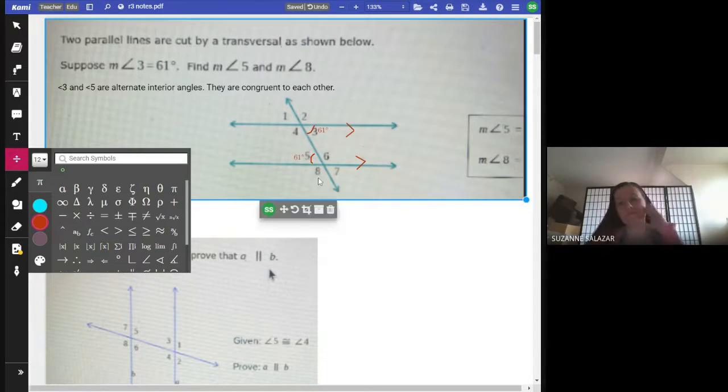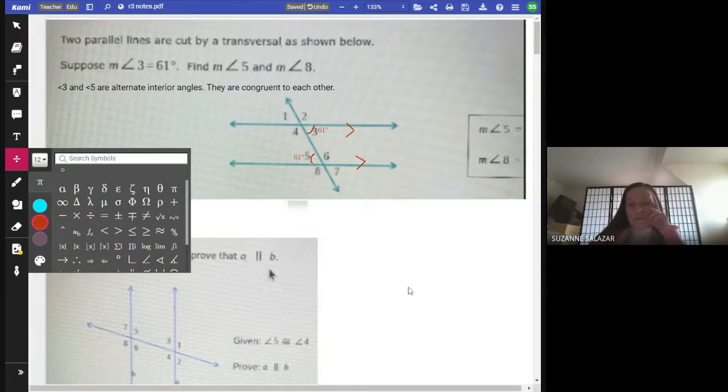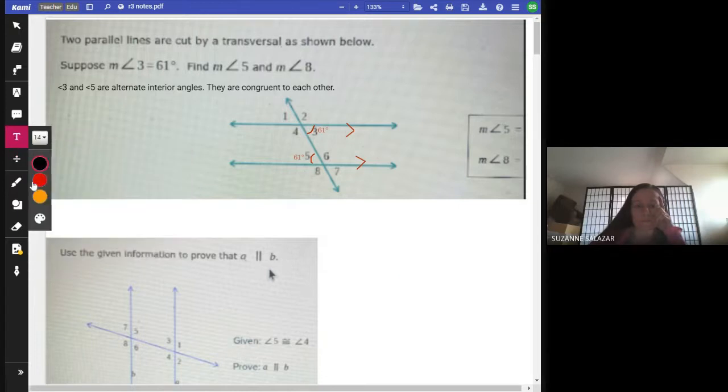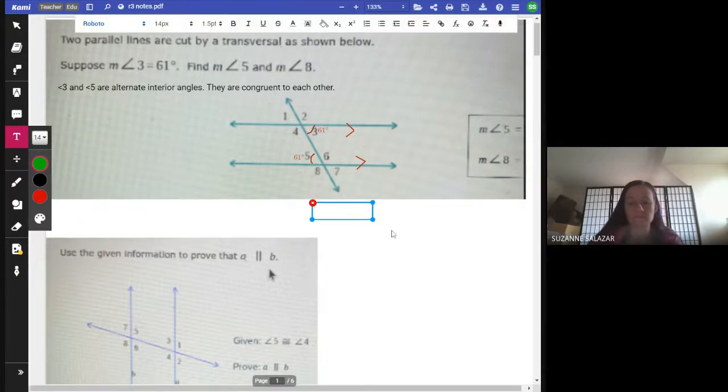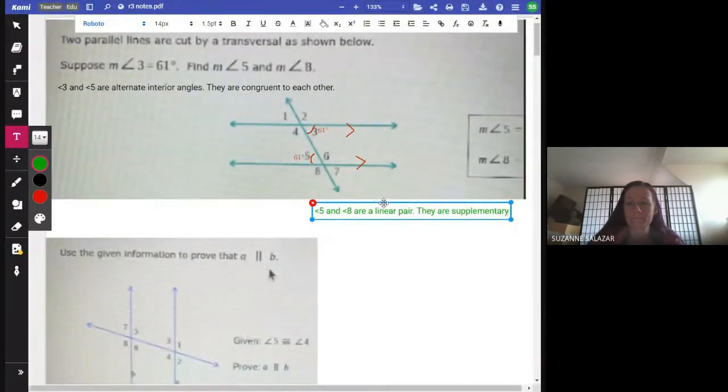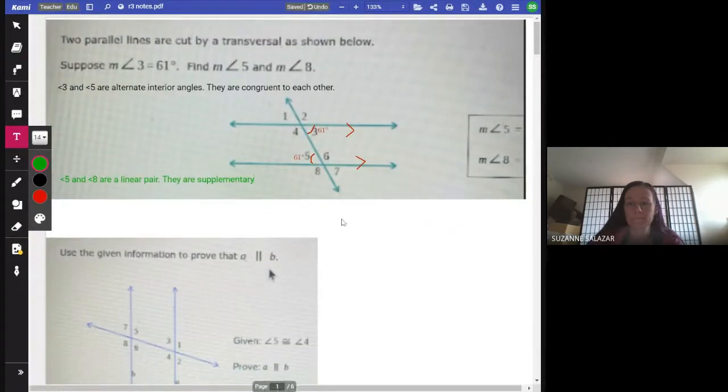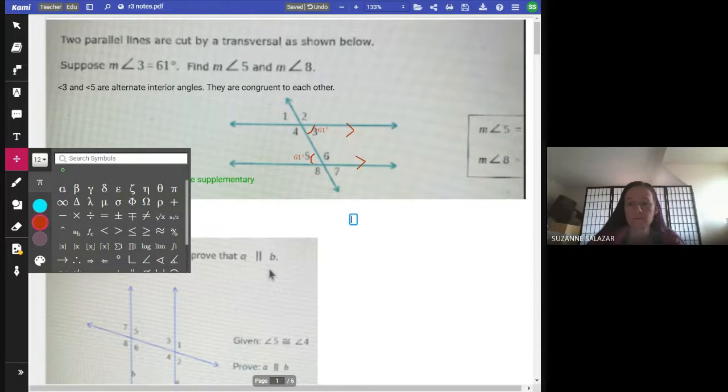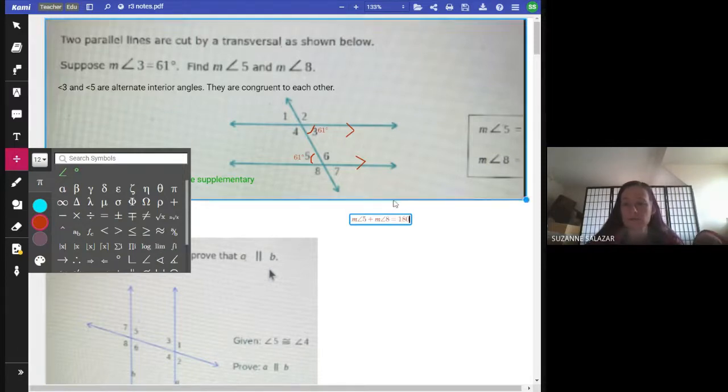Angle 5 and angle 8 are a linear pair, so that makes them supplementary. So that means that the measure of angle 5 plus the measure of angle 8 equals 180 degrees.